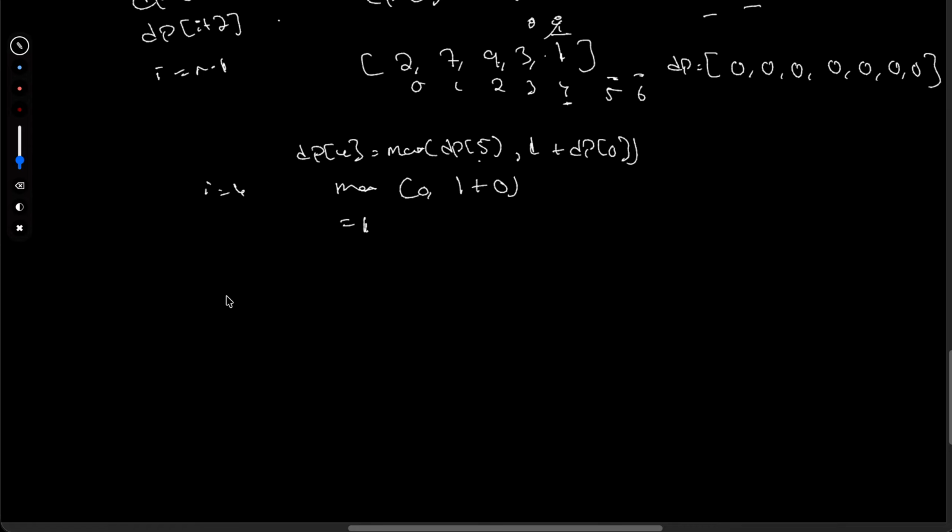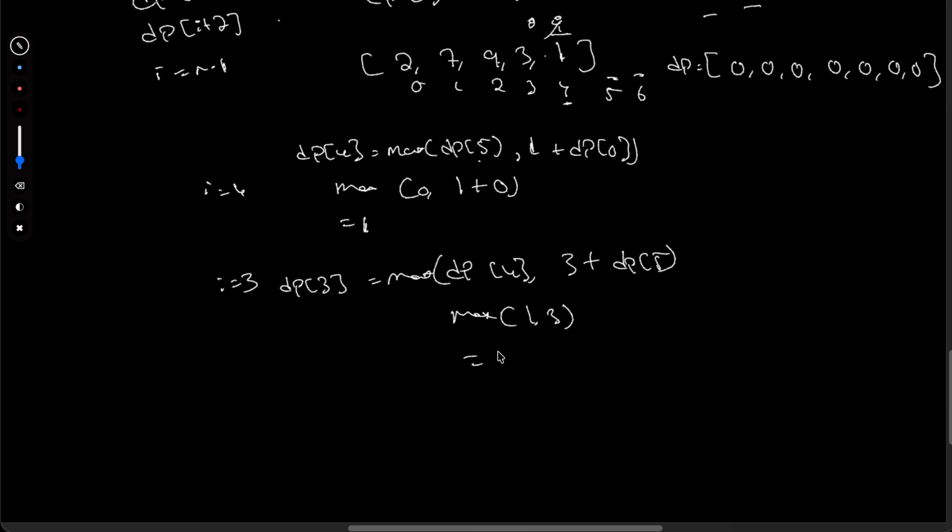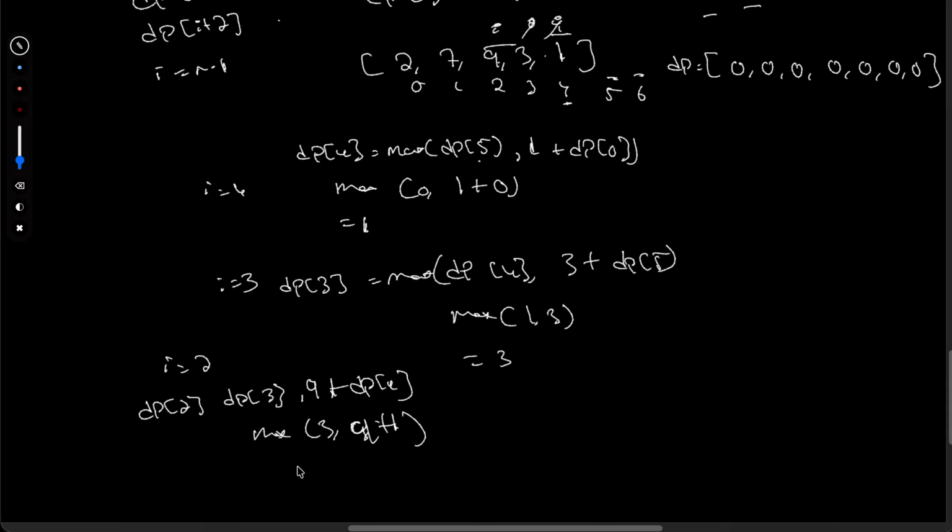Now i is 3, value is 3, so dp of 3 is max of dp of 4 and 3 plus dp of 5, so max of 1 and 3 is 3. Now i is 2, so dp of 2 is max of dp of 3 and 9 plus dp of 4, so max of 3 and 9 plus 1, so the answer is 10.